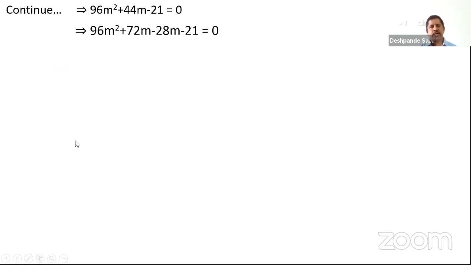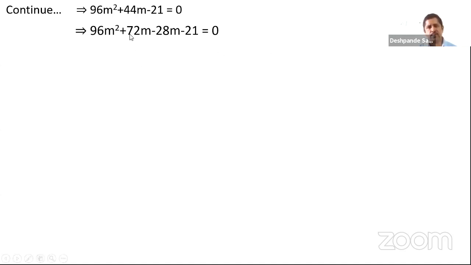Here you can write 44m as 72m minus 28m. You multiply 96 and minus 21 and write the factors; you get 72 and minus 28. If you are not able to get it, use the formula minus b plus or minus square root of b square minus 4ac by 2a, and you get the answer. So you wrote 44m as 72m minus 28m.